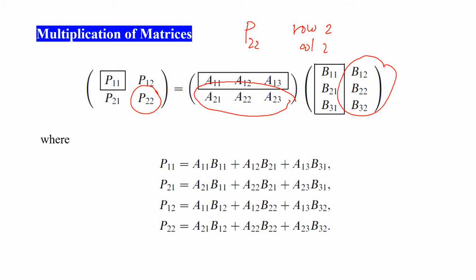So your P22 is equal to A21 times B12 plus A22 times B22 plus A23 times B32. So your element P22 is equal to A21 B12 plus A22 times B22 plus A23 times B32. So that is how you do the multiplication of your matrices.